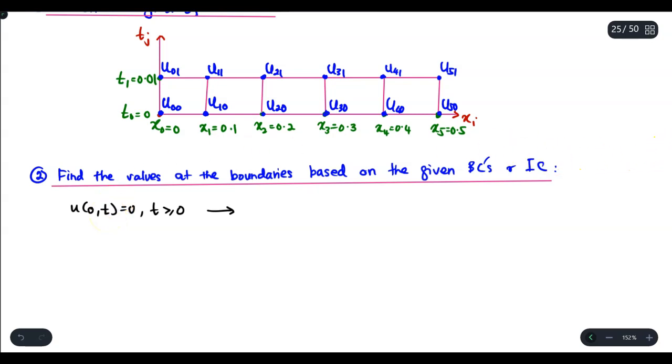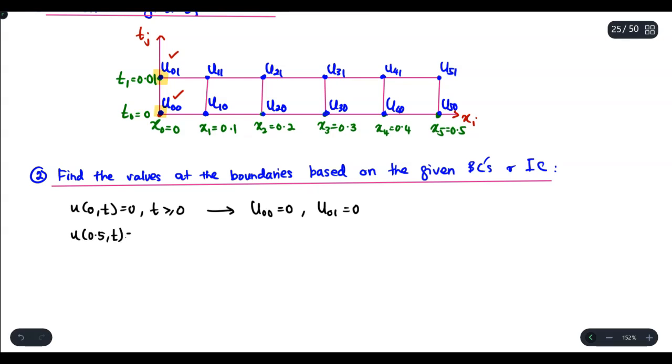The corresponding nodes are u00 and u01, because both are where x equals 0. So we can write straight away u00 equal to 0 and u01 equal to 0.